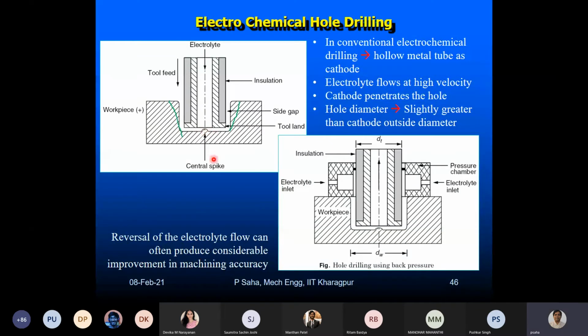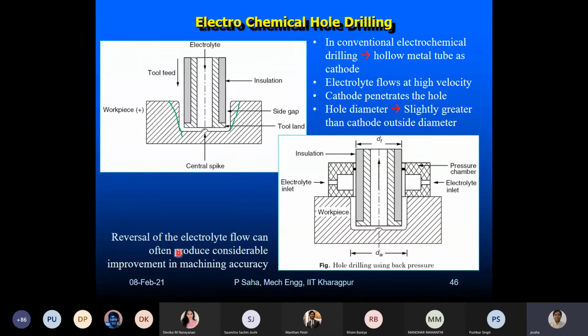This is what we are mentioning here as the central spike. After you machine, you may probably have to use a second machine with a solid tool to level out these portions. Another operation is required.